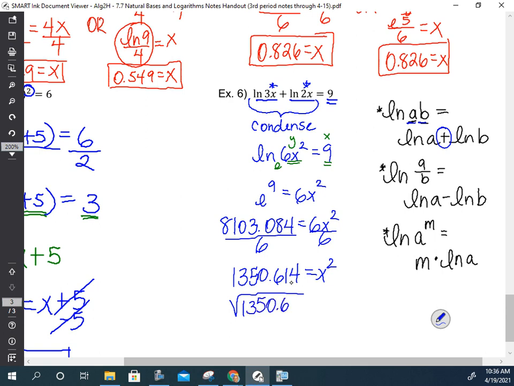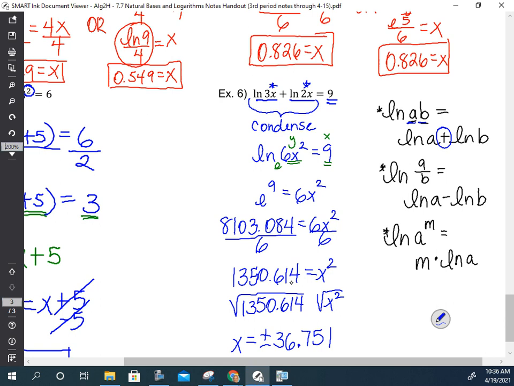And then take the square root of both sides. So that gives you x equals plus or minus 36.751.